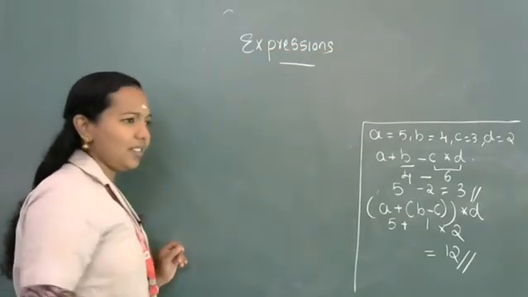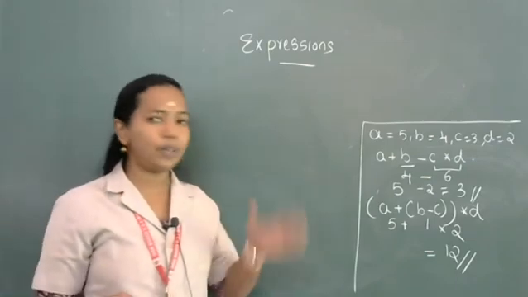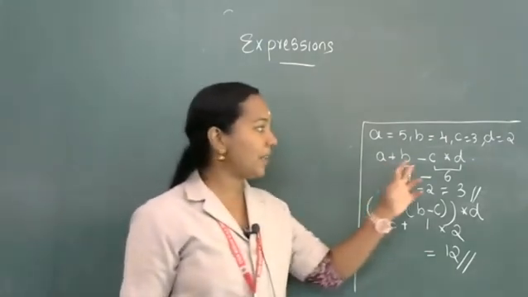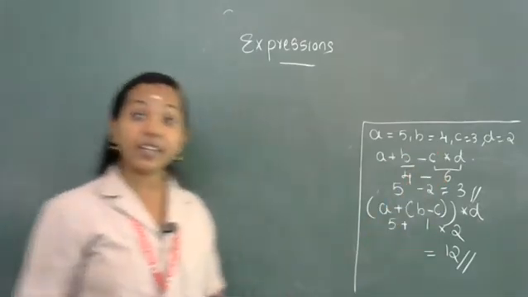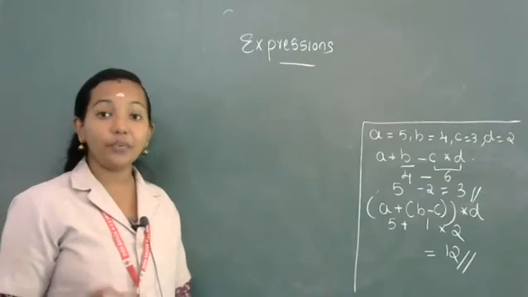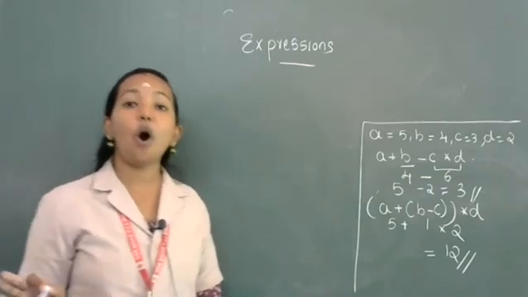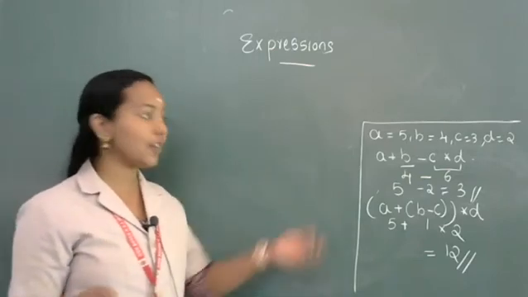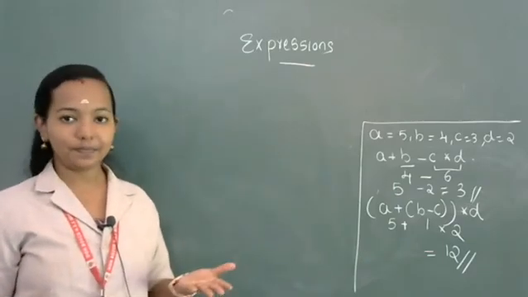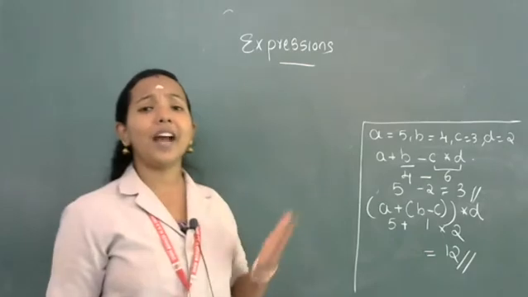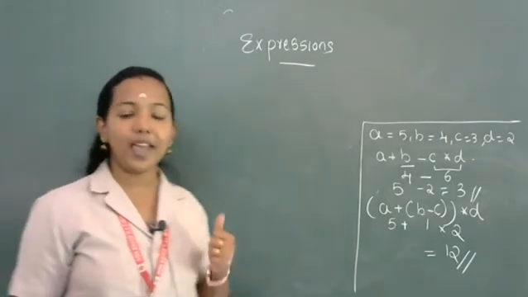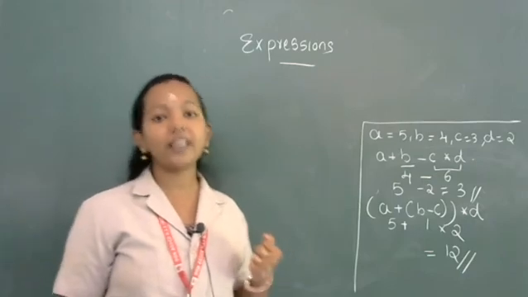In this, in some places I used the term expression. Here A plus B minus C star D is an expression. Expression means it consists of operators and operands. So, according to the type of operator that we are using, we can classify expressions into different categories.